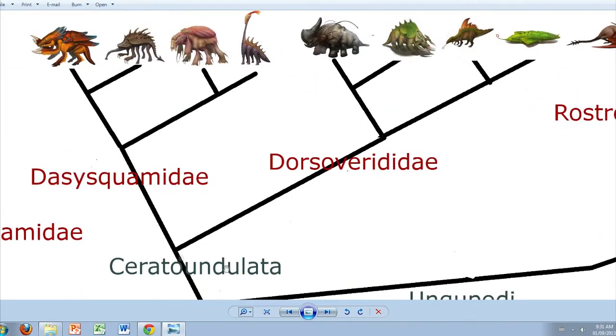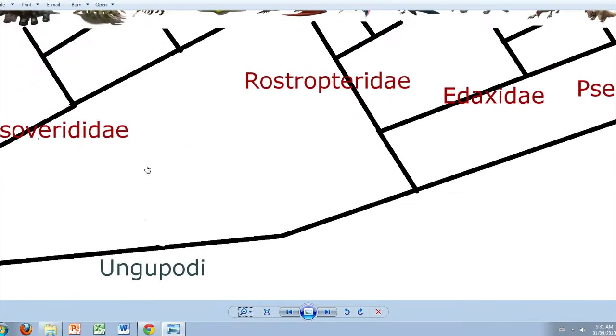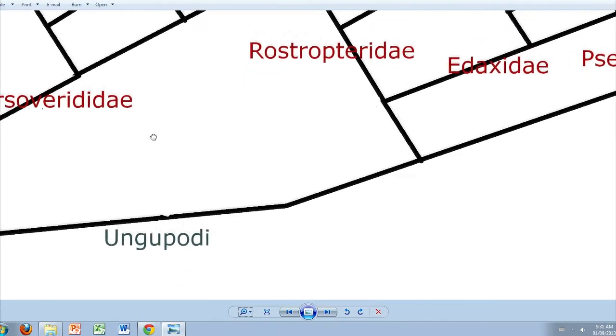Okay, so I think that pretty much covers the Cerato undulata, and the next order is the Ungupodi. It's a little bit of a tongue twister.